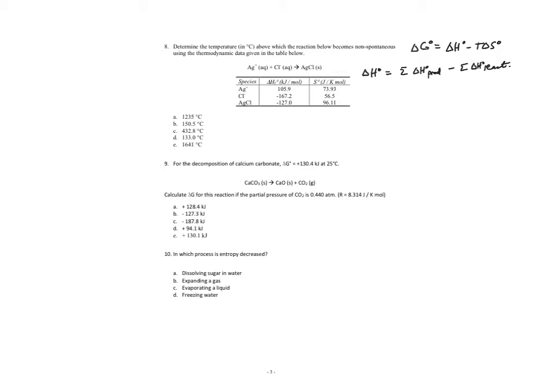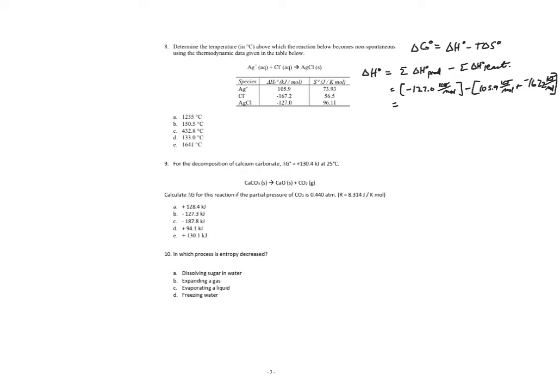Okay, so there's one product here, and that is going to be our silver chloride. So that delta H is negative 127.0 kilojoules per mole. And I'm going to subtract from that the two reactants, the silver, which is 105.9 kilojoules per mole, plus the chloride ion, negative 167.2 kilojoules per mole.